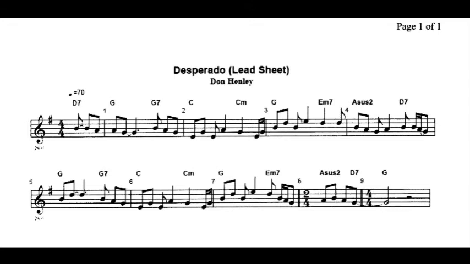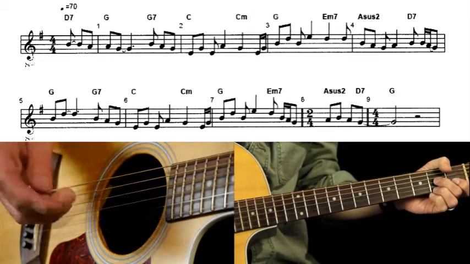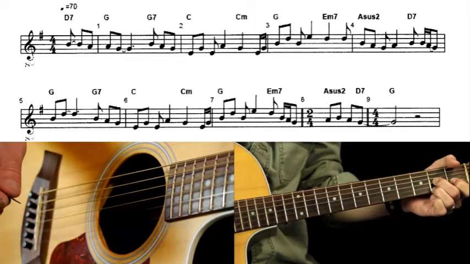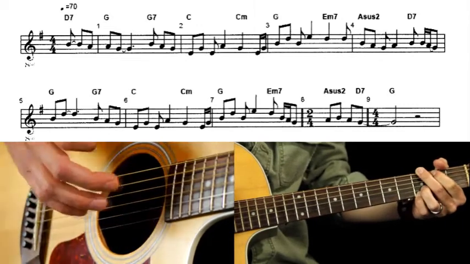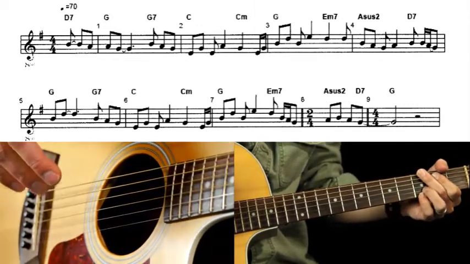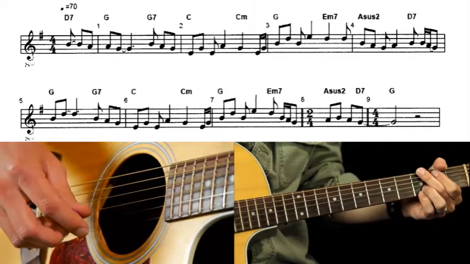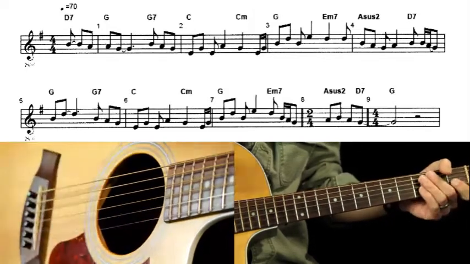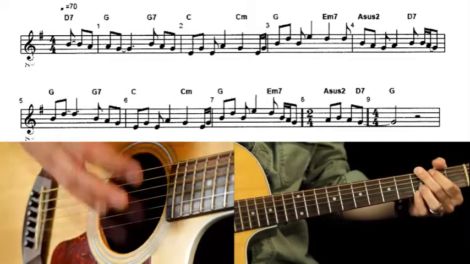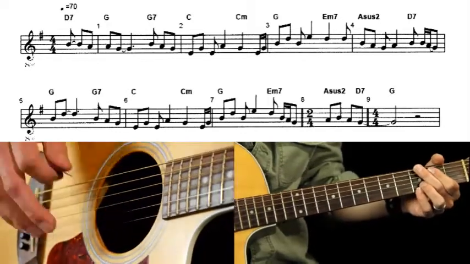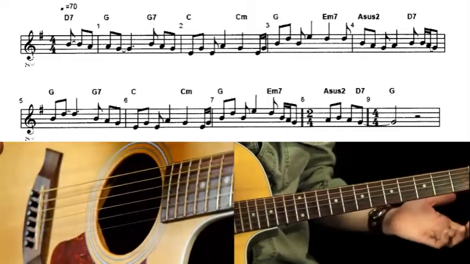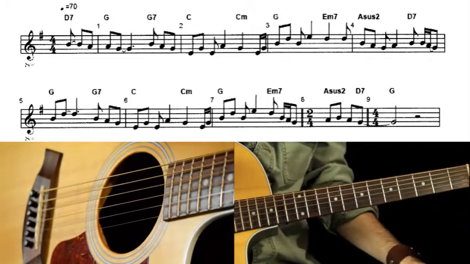Right away we see that we have a D7 at the top in the first bar. That's a pickup chord. It's not a full bar. When we hit the G, that's the downbeat of the first full bar. The D7 is where the vocal comes in, Desperado, and then we come in at the top. So we're going to be playing that D7 for the last half of the first bar.